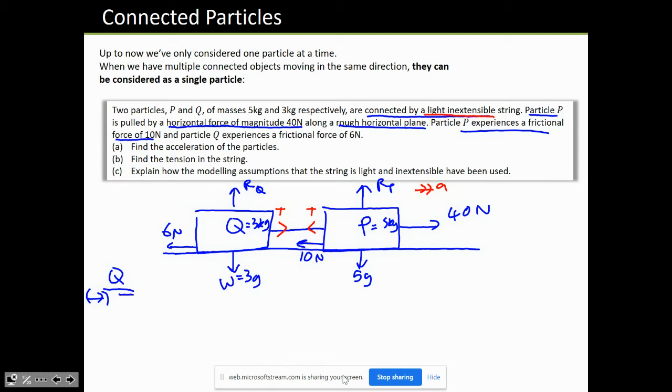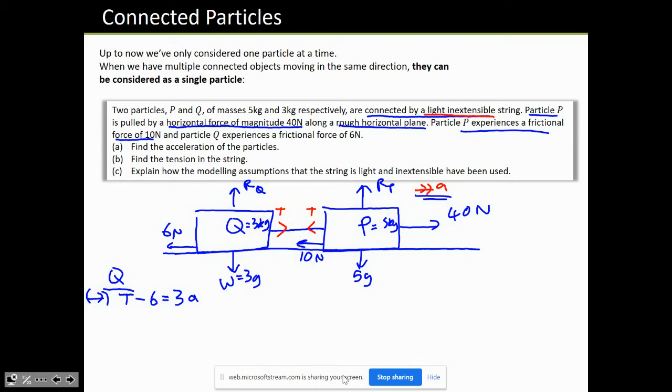So tension is positive and friction is negative. So T minus 6 should equal our mass, which for particle Q is 3, times our acceleration. Now the whole system accelerates at the same rate. Because they're joined together, both particles accelerate with that acceleration a.